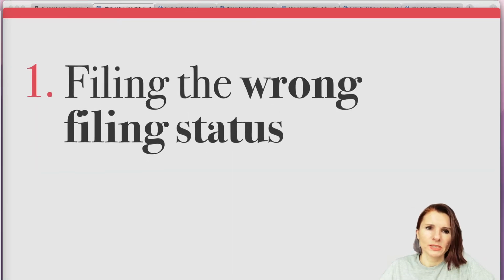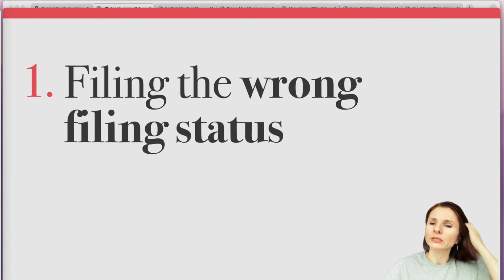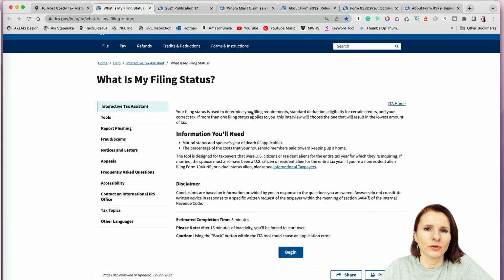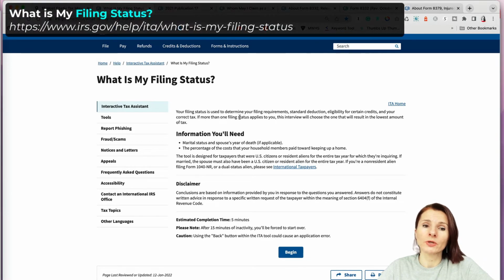So the first mistake is filing the wrong filing status, and there are 5 filing statuses, and I actually go over them in detail in another video that I'm going to link in the video here. Just to go over it quickly though, if you want to find out if you're filing the correct filing status, number 1, you want to make sure you provide all the correct information if you're filing with a tax preparer, so they know your situation.